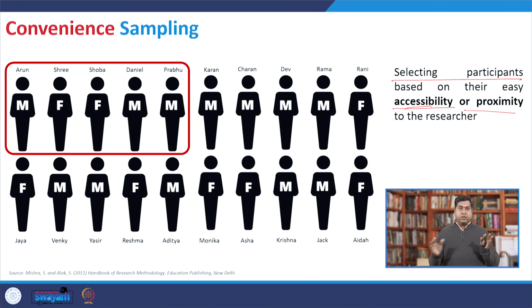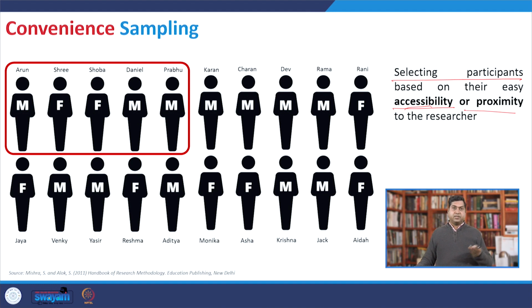So for a small sample requirement, this is one option that one can adopt, though there are certain challenges as well. The challenge is that I know them, but whether they represent the entire population is uncertain; they may only represent a segment of society, which is not going to help.